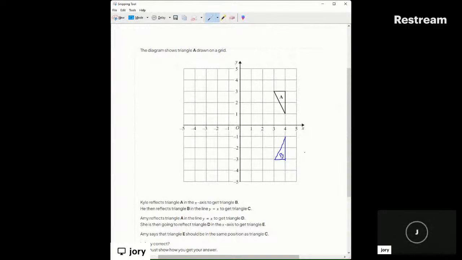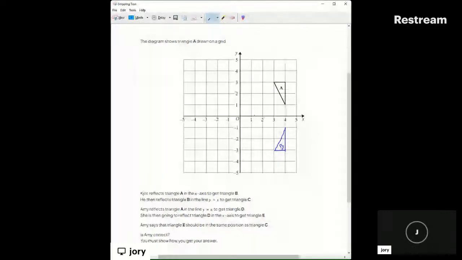And then he reflects triangle B in the line y equals x to get triangle C. So here's the line y equals x. Okay, so that's 3. 3 is over here.